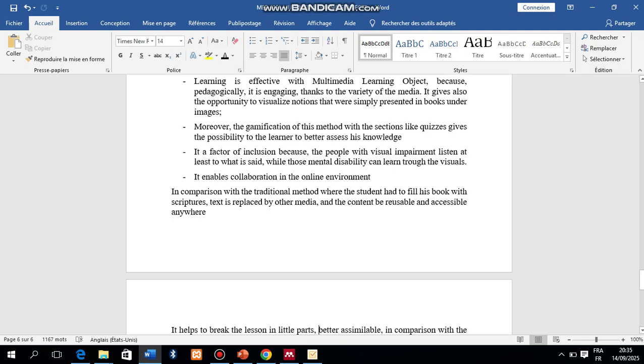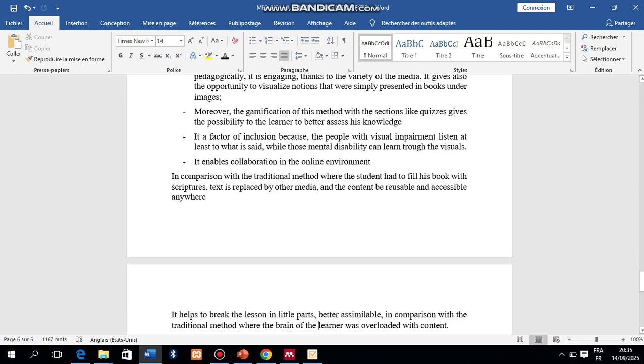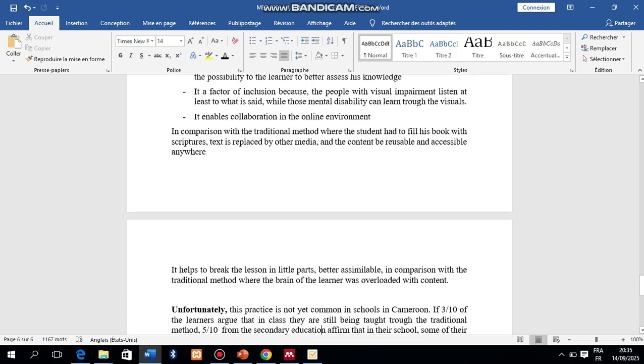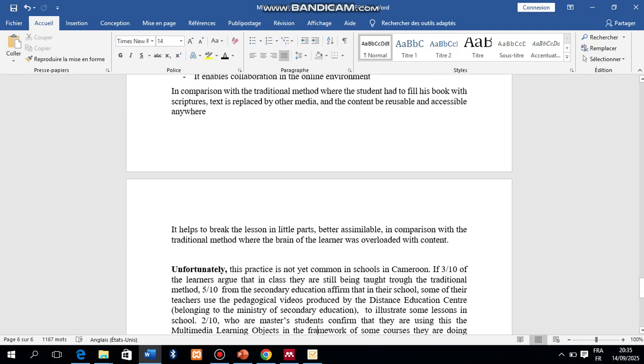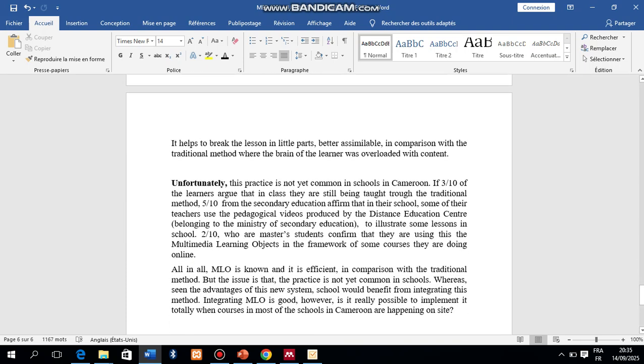It enables collaboration in an online environment, and in comparison with the traditional method where students had to fill books with scripture text, this is being replaced by other media, and the content is reusable. Unfortunately, as I said, not all courses are using those methods.